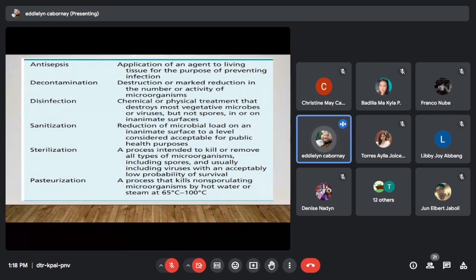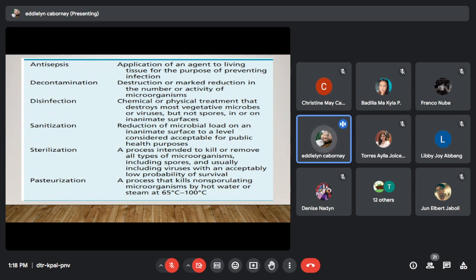Remember, during our microbiology, we have spore-forming bacteria. Although these spore-forming bacteria do not multiply or mutate, they are difficult to kill or to remove because they have spores, which are characteristic of these bacteria. Sterilization usually includes viruses, with an acceptably low probability of survival.